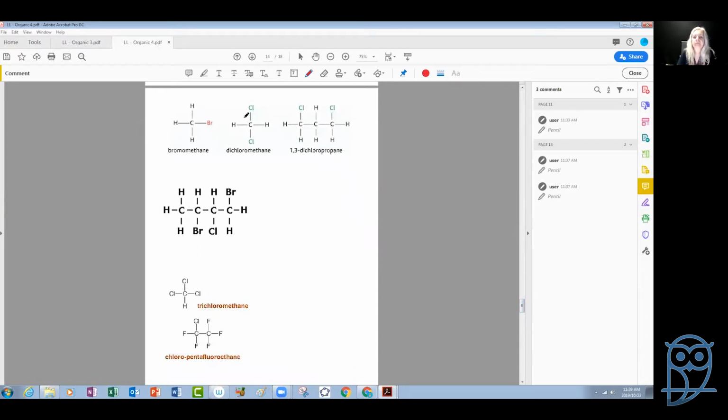Let's try this one. We have the name already, but it doesn't matter. Let us see if we can end up with the same name. All right, so we have this compound with 3 carbons in a row as the longest chain. The root is propane. Here it is propane.